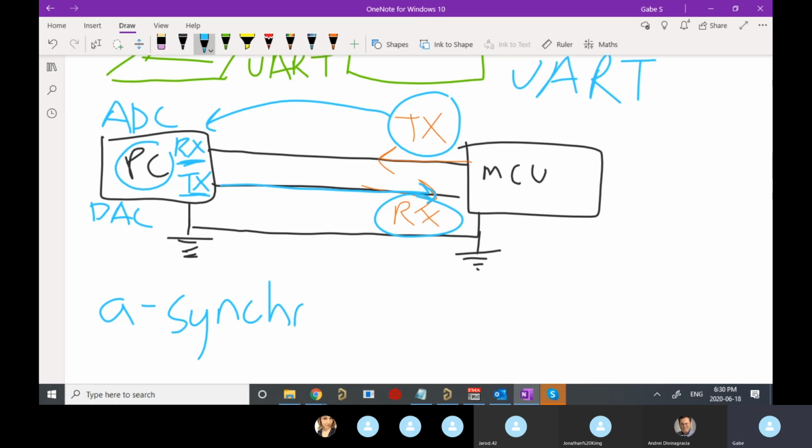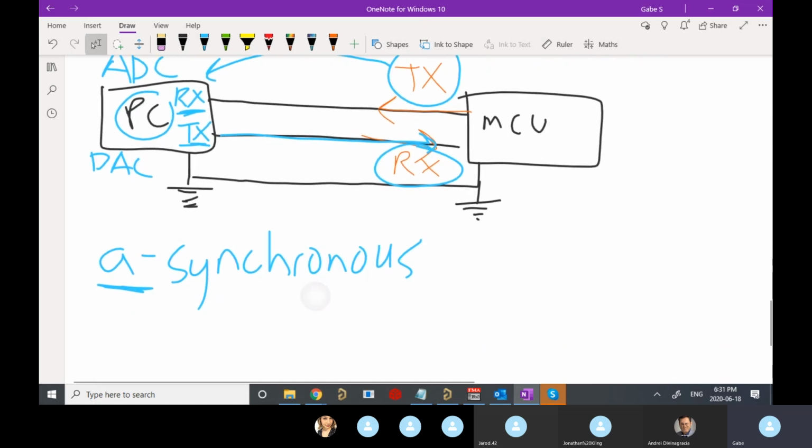There's no actual dash here, but I'm just putting it there to be very clear. We're not sharing a ground truth clock to make sure we're sending things at the same time, at the same rate. The whole point of UART is that you basically agree on a particular speed beforehand. So we do not share a common clock, right?